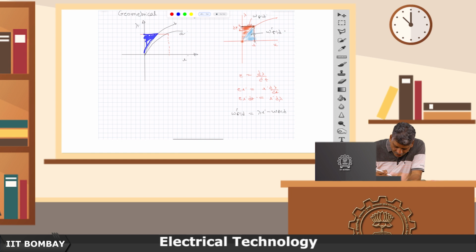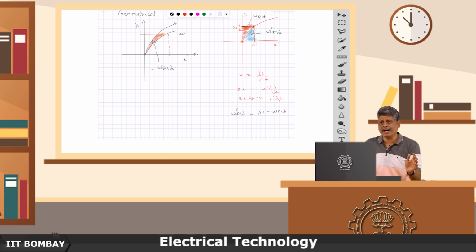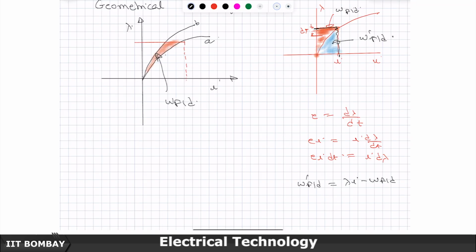So, the initial minus the final is this shaded strip, and it is going to be minus delta WFLD.